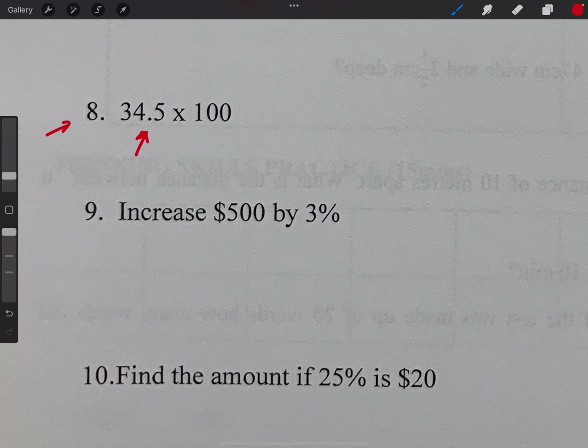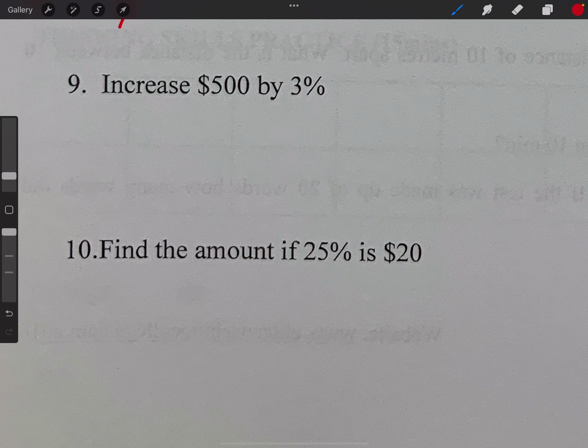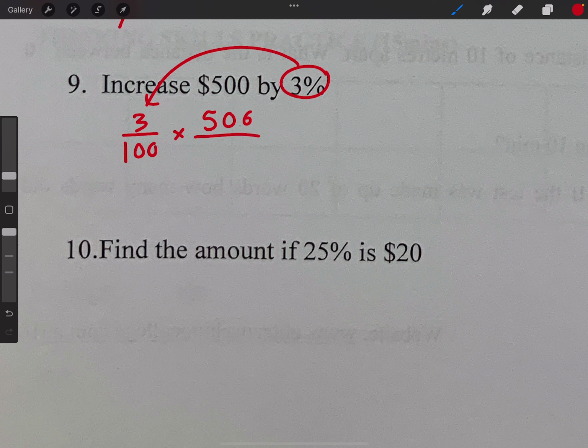Question 9. Increase 500 by 3%. Okay. So let's find out what 3% of 500. What's 1% of 500? Actually, we can do 3 over 100. We turn percentage into fraction. Okay. Of means times 500 over 1.